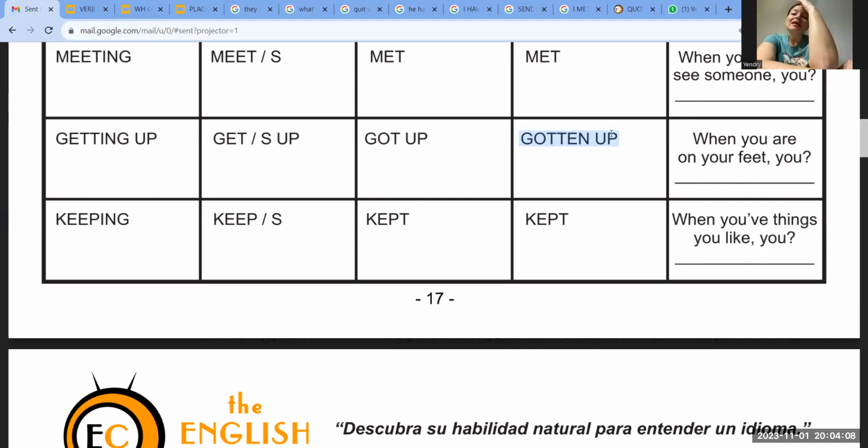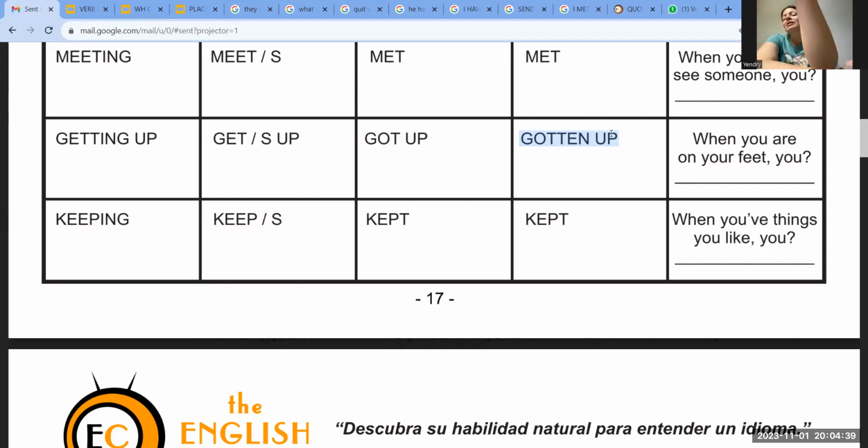Hay veces que la T sí suena como la R, digamos, got up, ahí me suena como la R. Pero hay unas que sí suenan como la T. A veces eso me confunde, cuando suena como la T o cuando suena como una R.